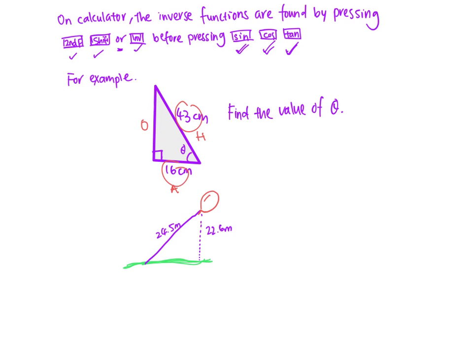In this case, opposite is not given, but adjacent and hypotenuse are given. From there, we have to find this theta. The trigonometric ratio that relies on hypotenuse and adjacent is our cosine, because SOH CAH TOA, CAH.